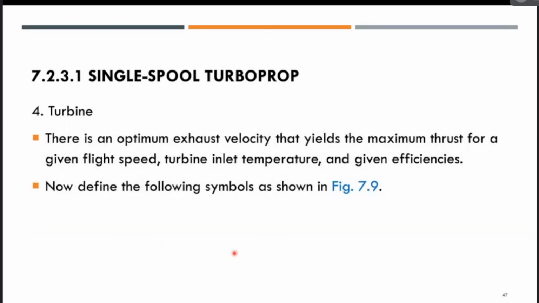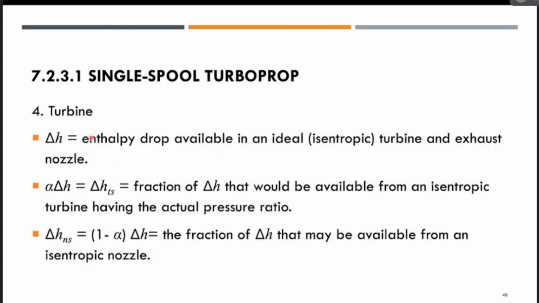There is an optimum exhaust velocity that yields the maximum thrust for a given flight speed, turbine inlet temperature and given efficiencies. Now define the following symbols as shown in figure 7.9. We have delta H, the enthalpy drop available in an ideal isentropic turbine and exhaust nozzle.